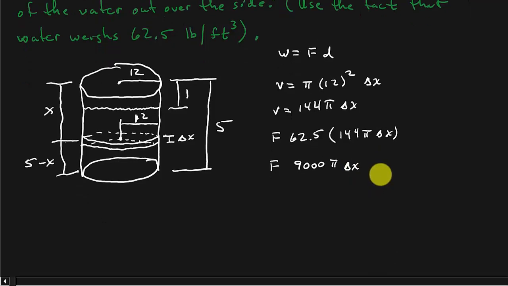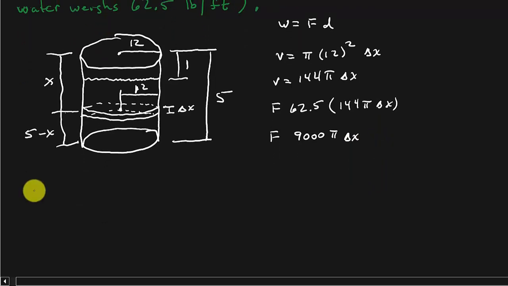So now we've got the force. And so now work is going to be the integral of the force, which is 9,000 pi dx, times the distance we have to lift this little slice to the top, which is x.